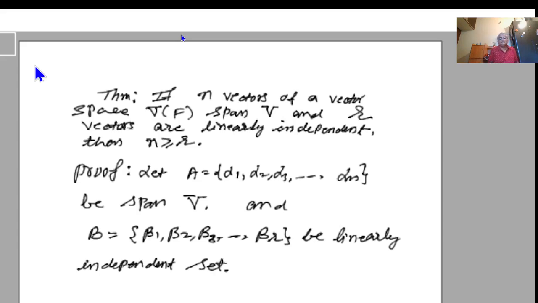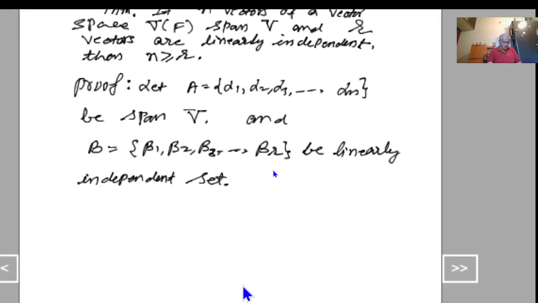Okay. So here I have to prove that n is greater than or equal to R. So for this, A spans V. Okay, the set A spans V.